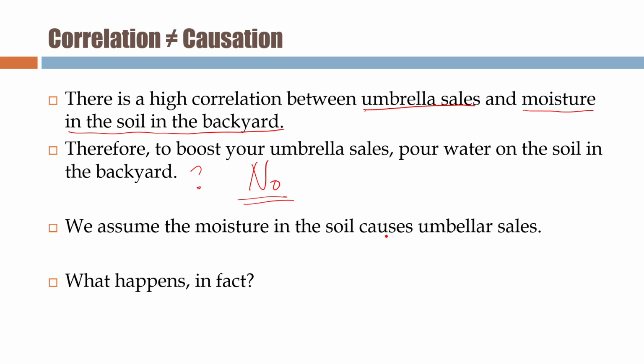Every time there's rain, both of them happen together. That's why when we have high moisture, we have high umbrella sales, and low moisture, low umbrella sales. It seems like they happen together, but none of them is causing the other.